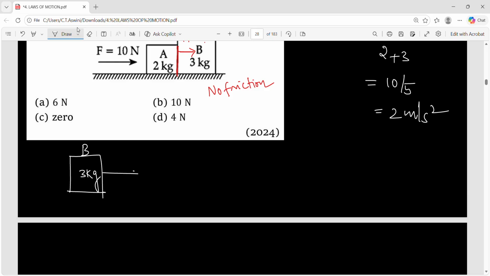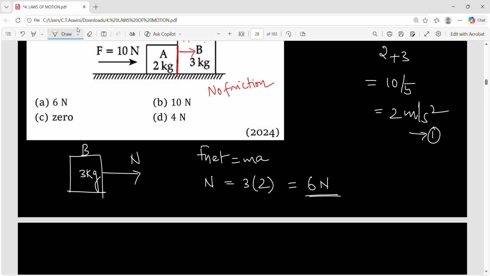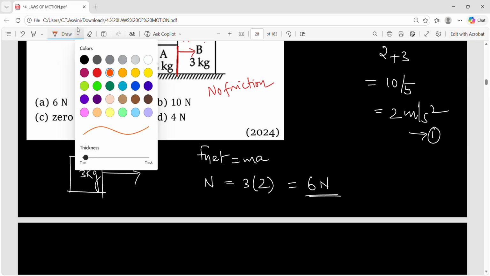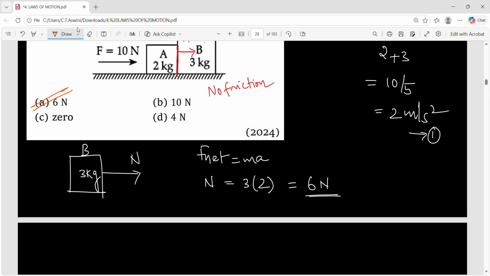And there is only one force on the B block, that is because of A. A is exerting normal reaction on B. Now if I apply F net is equal to MA. What is F net? Only one force, that is normal reaction. M is nothing but 3 here, and acceleration is what we have calculated here. Just substitute here 3 into 2. So how much is this? 6 newtons. So what is the force exerted by A on B? It is 6 newtons.